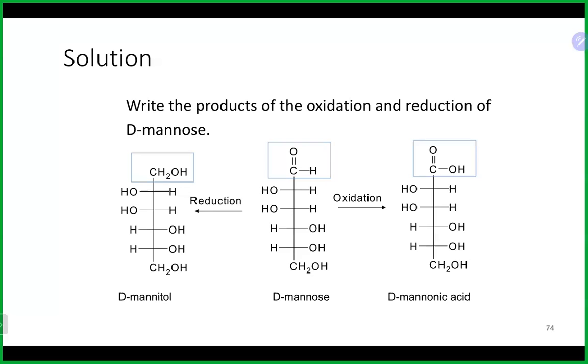Just so you know, even though they're carbohydrates, they're pretty much the same organic chemistry reactions we saw. That is an alcohol, right? If you oxidize a primary alcohol, you get an aldehyde. Then if you oxidize that aldehyde, you get a carboxylic acid.